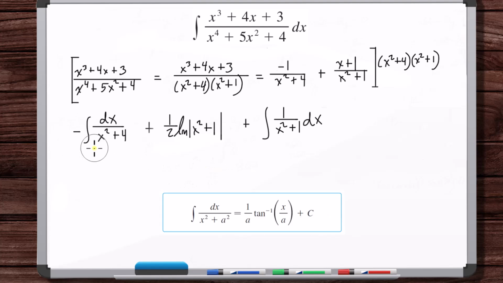Now here we've got 1/2 arctangent of x over 2 with the minus sign up front. Okay, here we've got, it's going to be arctangent x.